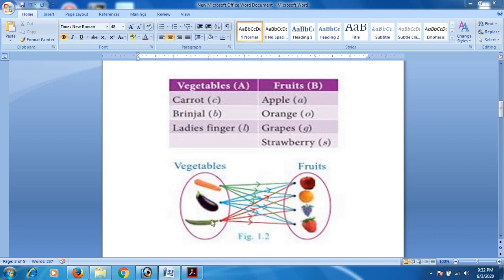The same way, brinjal is joined with apple, orange, grapes and strawberry. In the same way, lady's finger also is joined with apple, orange, grapes and strawberry.